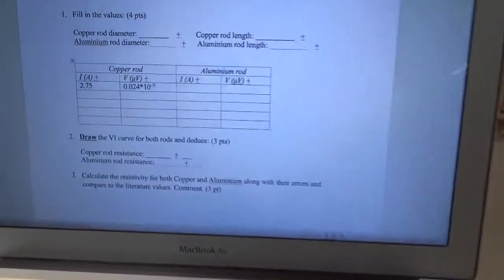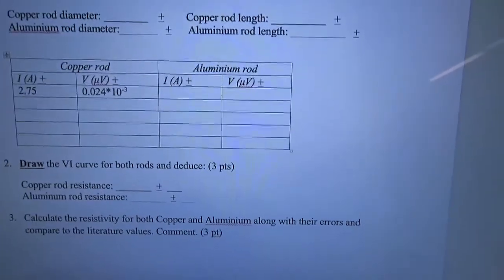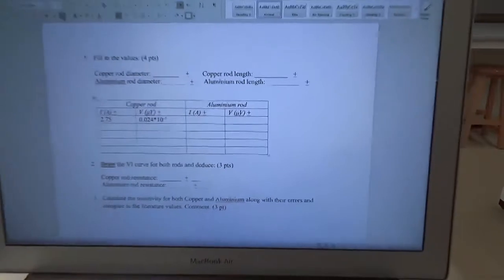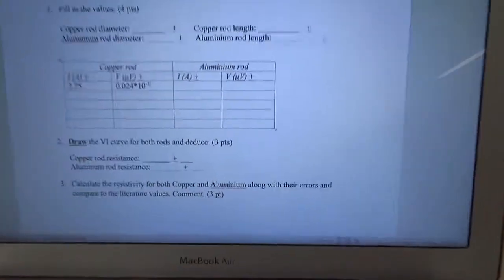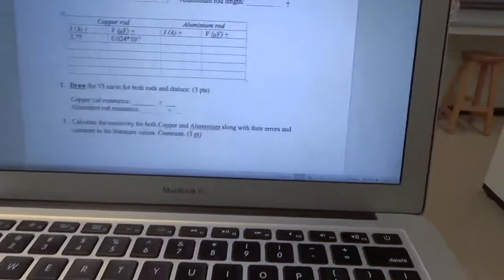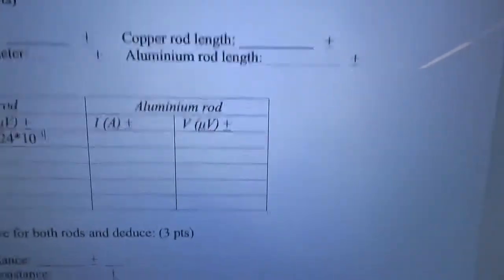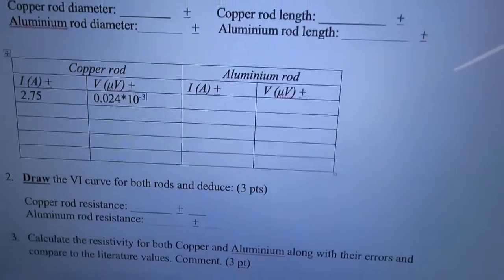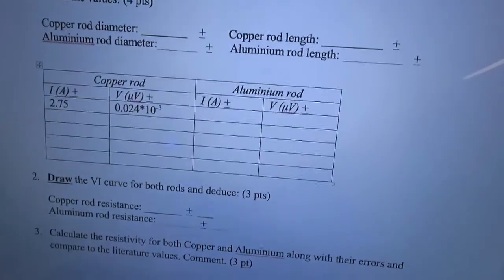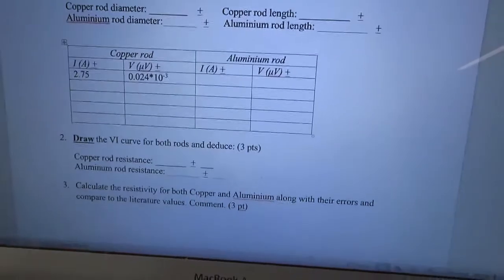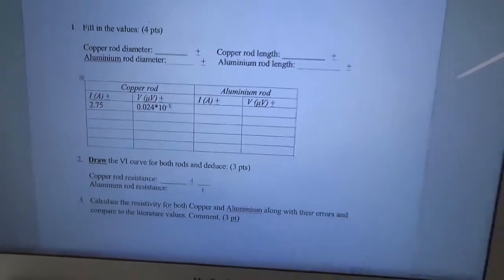So basically we are removing the effect of that amplifier, since only the values for the voltage were amplified and not the values for the current. So in order to keep both values proportional to each other, we have to remove that margin of amplification that was imposed by the amplifier by multiplying each value by 10 to the negative 3.